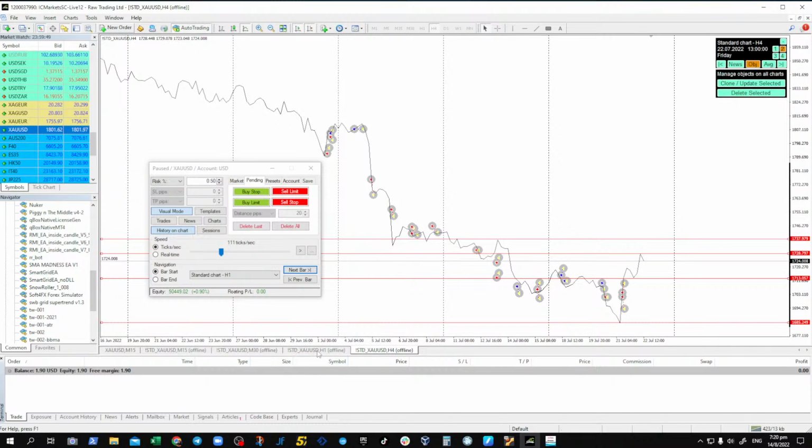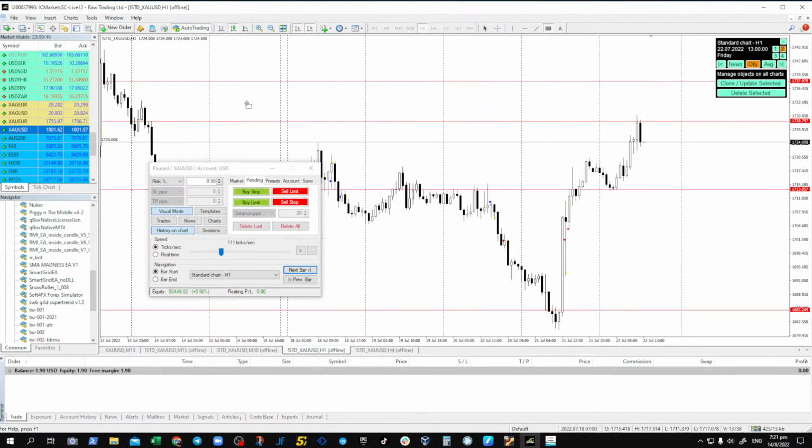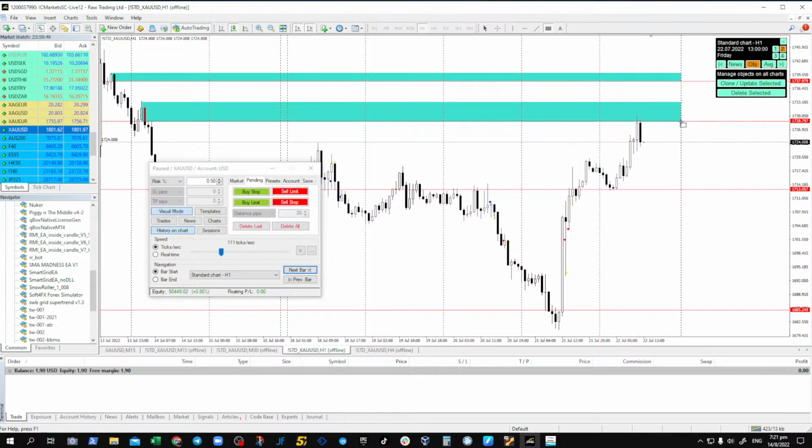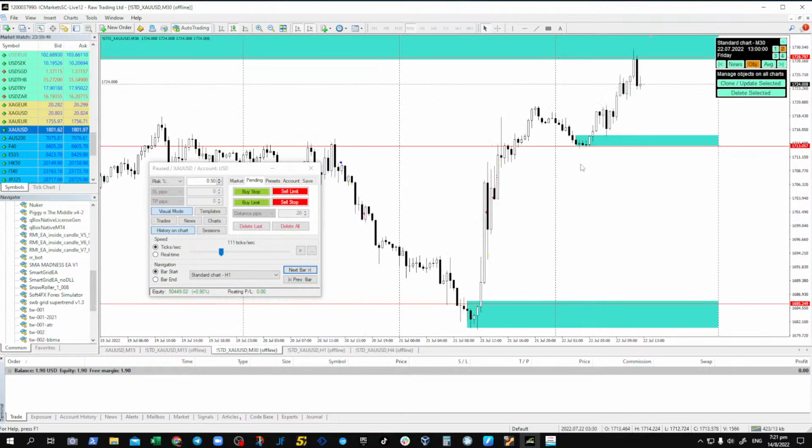Now we go to H1 and mark the SNR levels. We have a demand zone here, and we have a demand zone over here. On M30 price just rejected the supply zone.